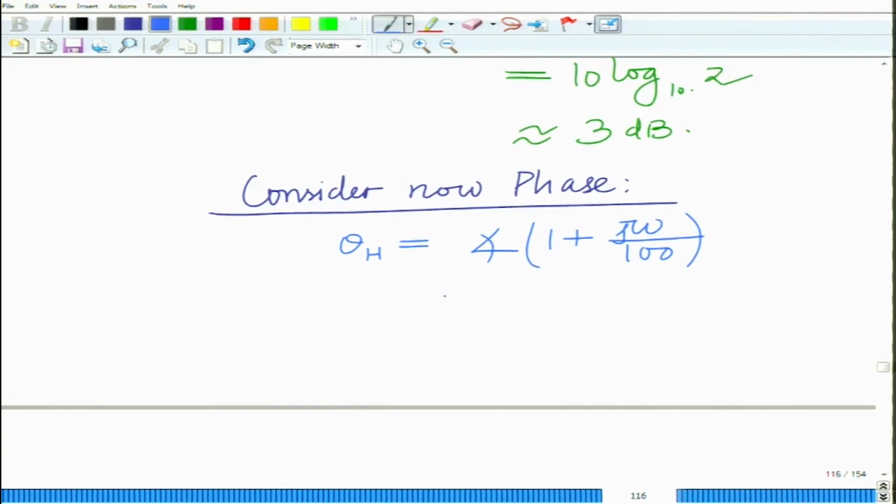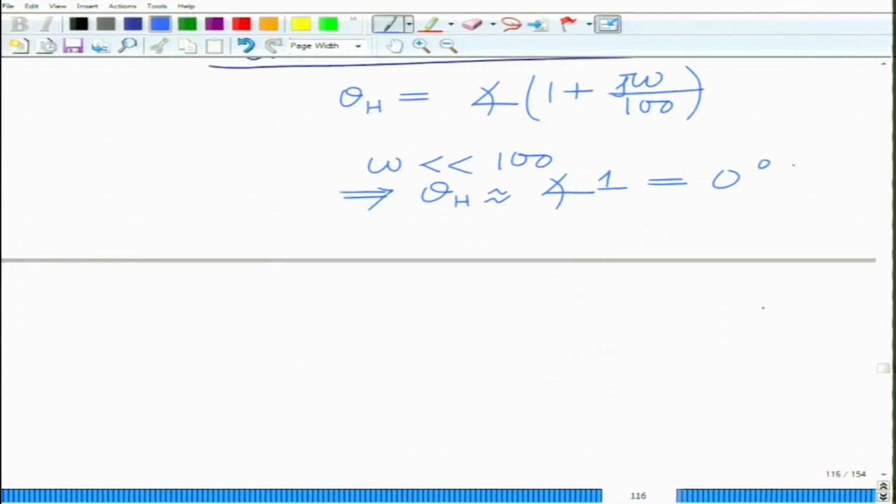Again, we analyze this similar to what we have done before. We consider two cases. One is omega much less than 100, which is the corner frequency. This implies theta H is approximately equal to angle of 1, because omega over 100 is negligible in comparison to 1, which is equal to 0. So, angle of simply a real number. Okay. So, for omega much less than the corner frequency 100, the phase is 0.